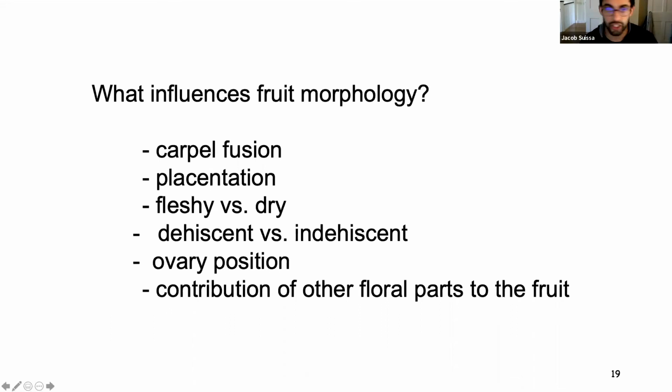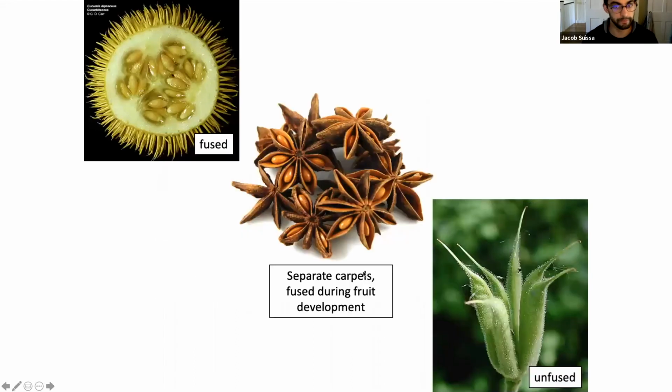It can be fleshy versus dry fruit. It can be dehiscent versus indehiscent. Ovary position: is the ovary above the flower or below the flower? And by the flower, I mean the other petal whorls. And then, do other parts of the inflorescence or the stem or the plant contribute to the fruit itself? We'll get into that as well.